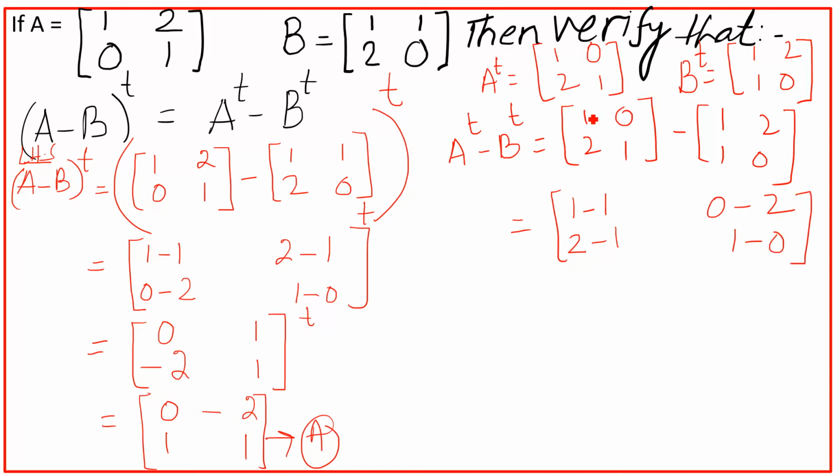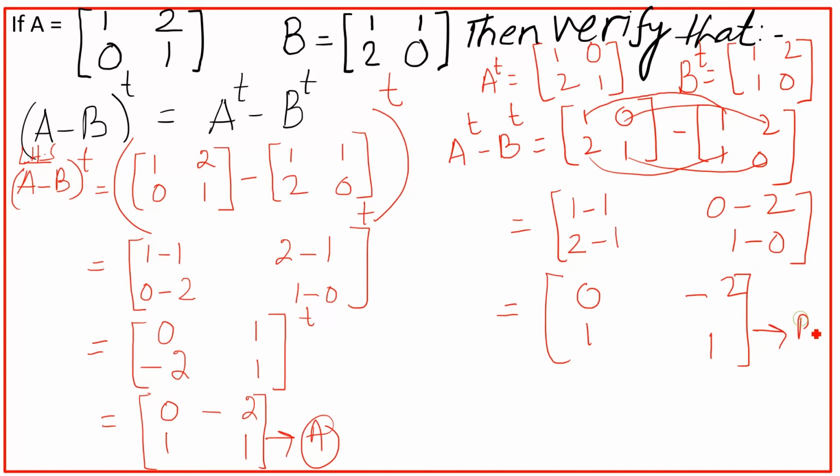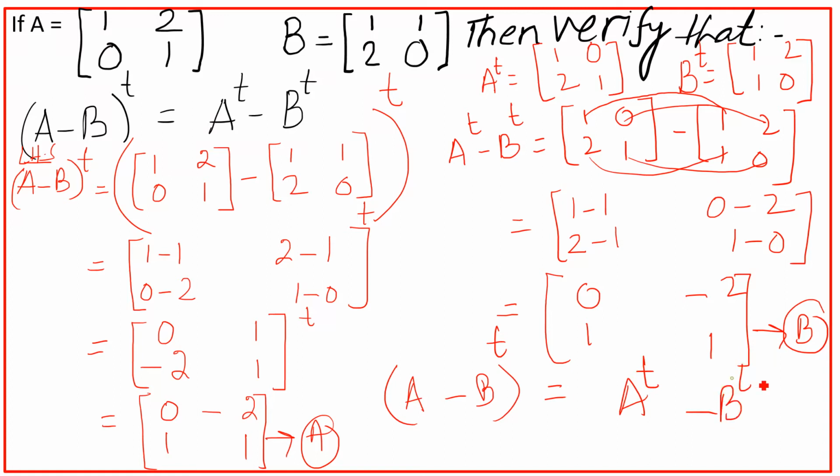The first element of the first matrix with the first one, second with the second one. Similarly, first and second. These are called the corresponding entries, and then it is negative 2 and 1. So this is the right hand side. Now you have to see that the left and right, 0, negative 2, 1, 1, 0, negative 2, 1, 1, both are same. So we have proved that A minus B whole transpose is equal to A transpose minus B transpose. It is proved.